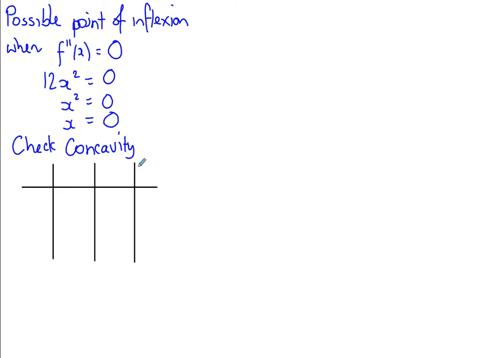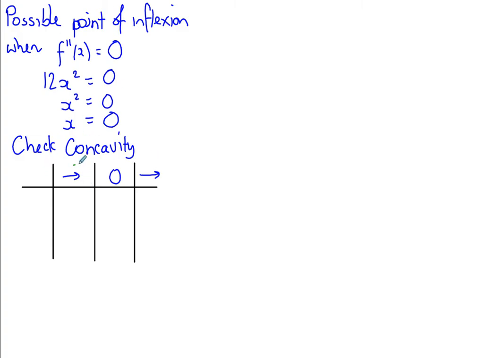Just like we did with finding turning points, we've got our value here. x is 0, so the value that gives us a second derivative of 0 goes in here, and this is going to be a value slightly to the left of 0. So it might be -1 or 1 would do for one of these.